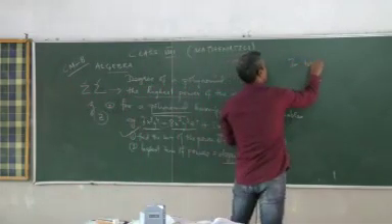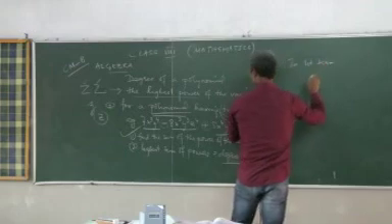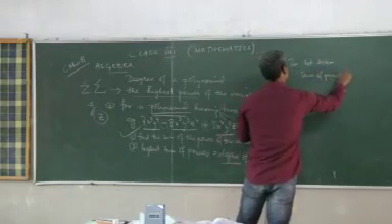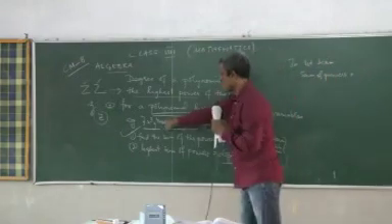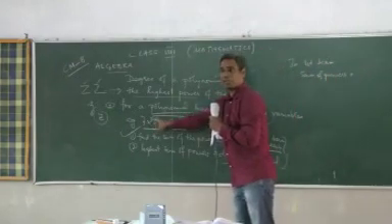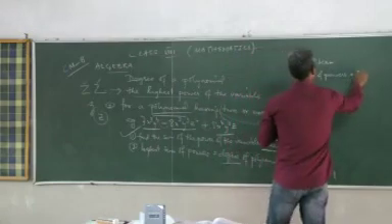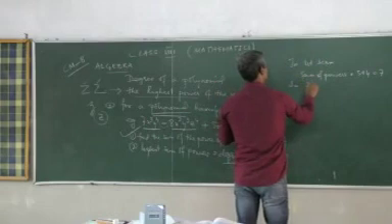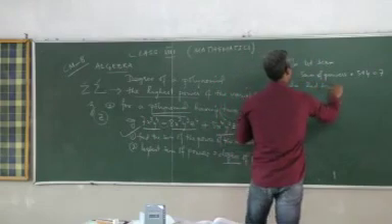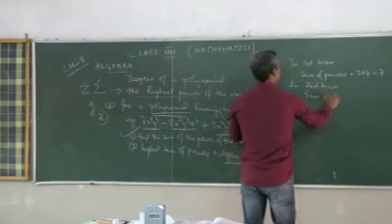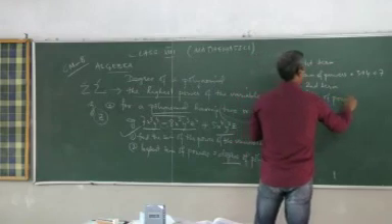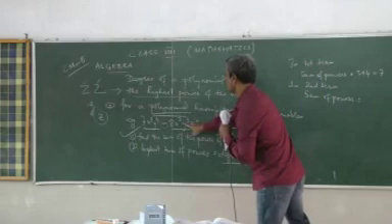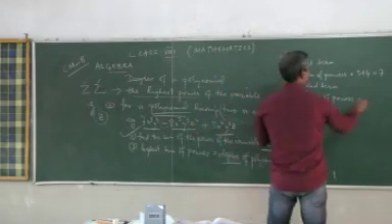In first term, sum of powers is equal to, x is having power 3, y is having power 4. So 3 plus 4, 7. In second term, sum of powers is equal to, x is having power 2, y is having power 3, z is having power 4.